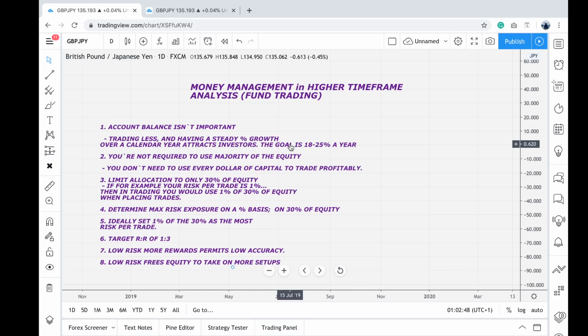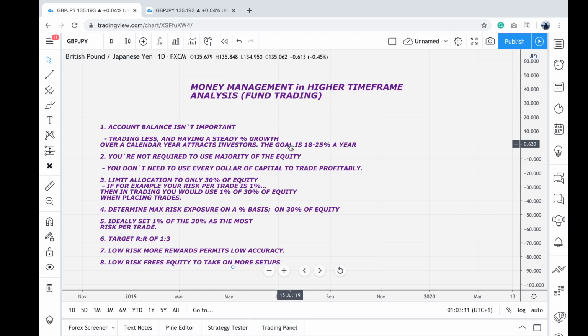Okay, so number two of our guidelines is you're not required to use the majority of the equity. You don't need to use every dollar of capital to trade profitably. So what I'm basically saying is about your risk exposure in the marketplace, because with each trade you place, there's always a risk that you could lose that trade.